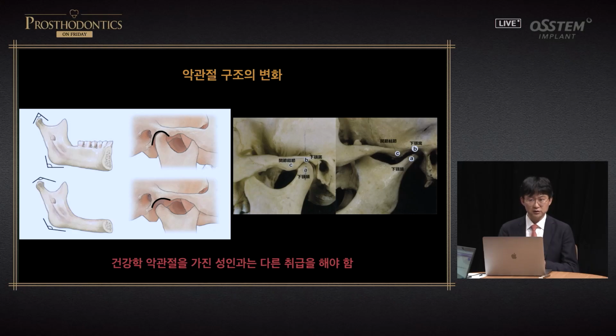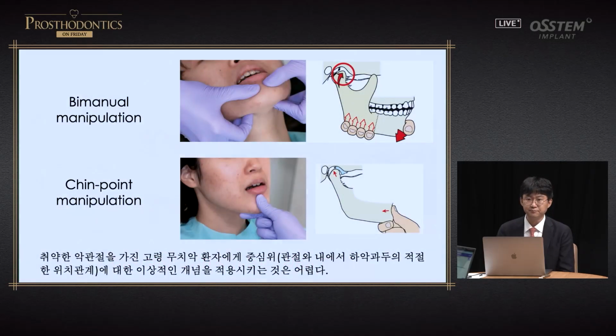Clinically obtaining CR, we need to be careful in obtaining a stable condyle position. If you look at old books on complete dentures, bimanual manipulation is used to take CR in patients with teeth.